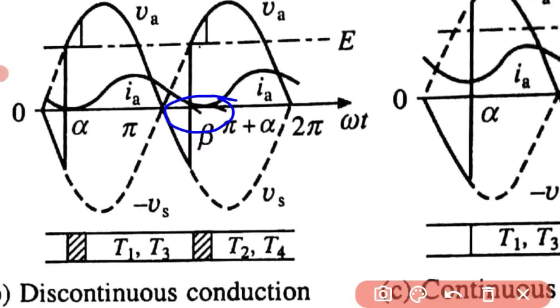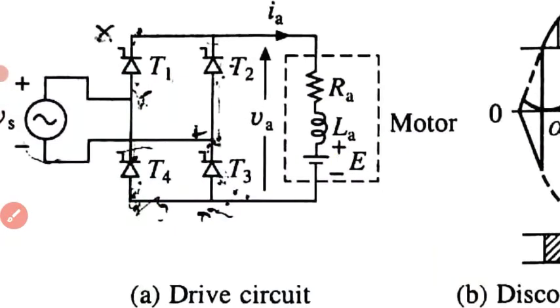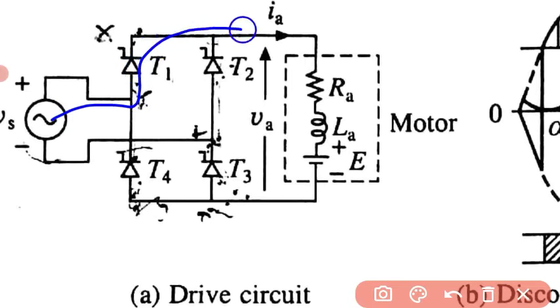Okay, have a glance over the circuit diagram. Here you see, when T1 and T3 are conducting, the current flows in this direction.